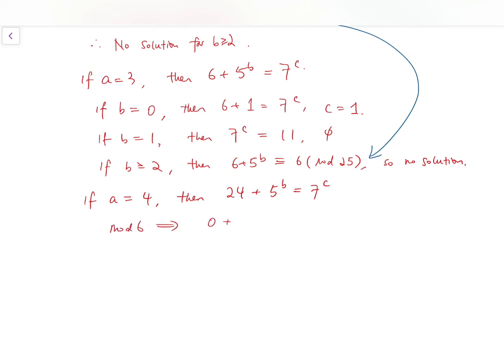We'll have 0 plus minus 1 to the power b, congruent to 1 mod 6. So b is even. And if we do mod 4, again the left side is 0 plus 1, congruent to minus 1 to the power of c mod 4. So c is even.